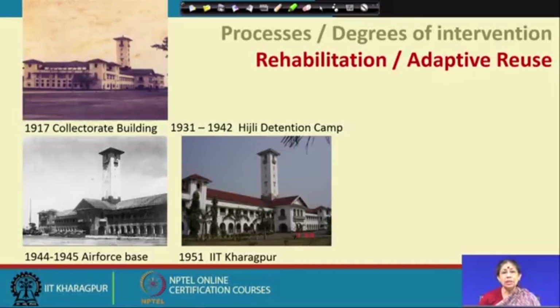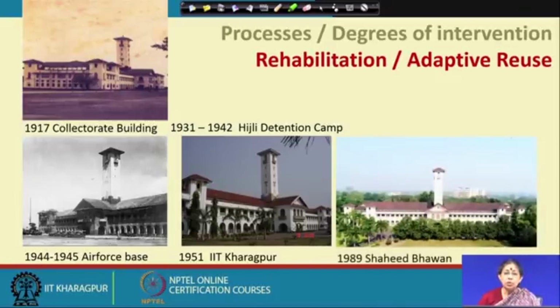Over the years this building was not enough and more space was required, so new buildings came up. The original building was no longer used, and now it is used as the Science Museum, Shahid Bhavan. Because certain incidents happened when it was a prison and detention camp, it is named Shahid Bhavan in memory of that, and a science museum is hosted there.